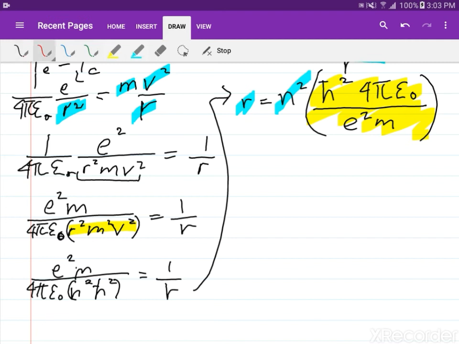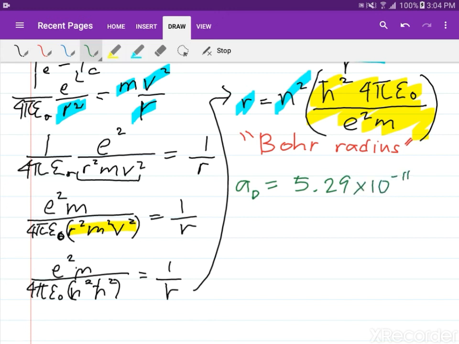This is actually called the Bohr radius, so they set a specific value for it. a naught, or the Bohr radius, is equal to, if we simplify all these constants, since h bar, 4, pi, epsilon naught, e squared, and the mass of the electron are all constants, 5.29 times 10 to the minus 11 meters.